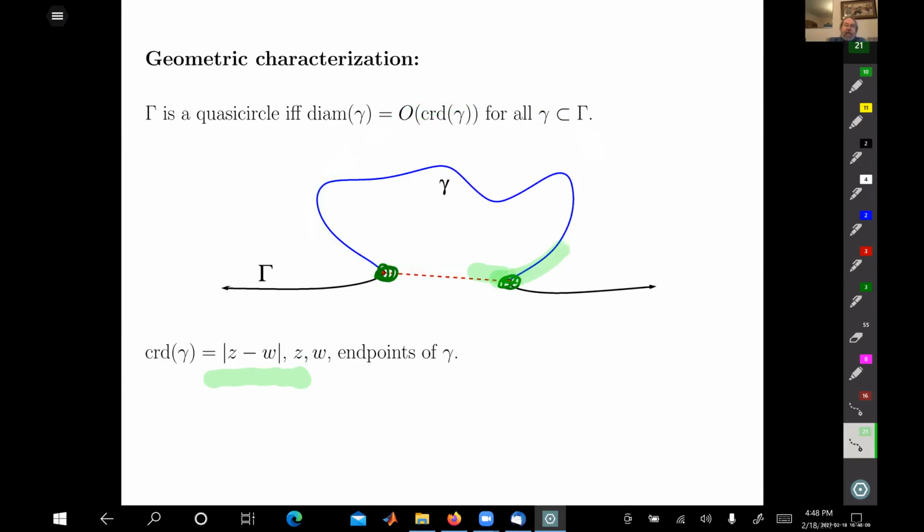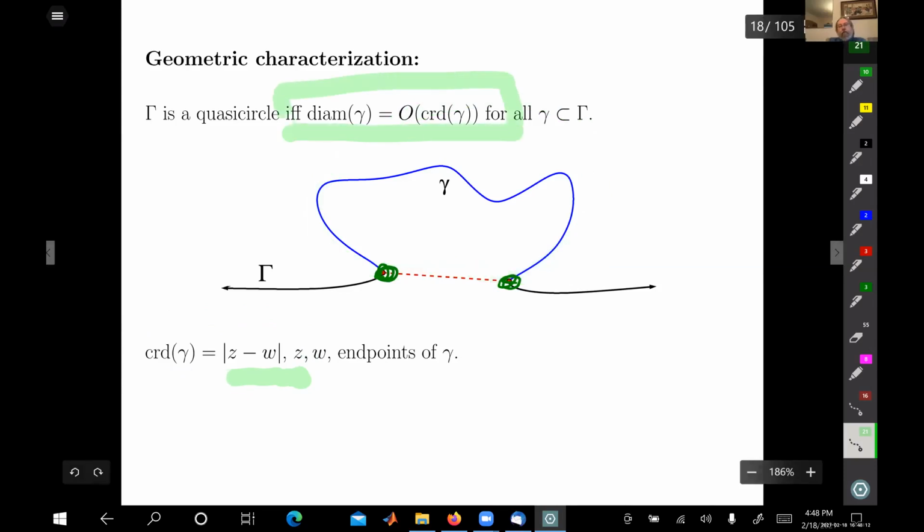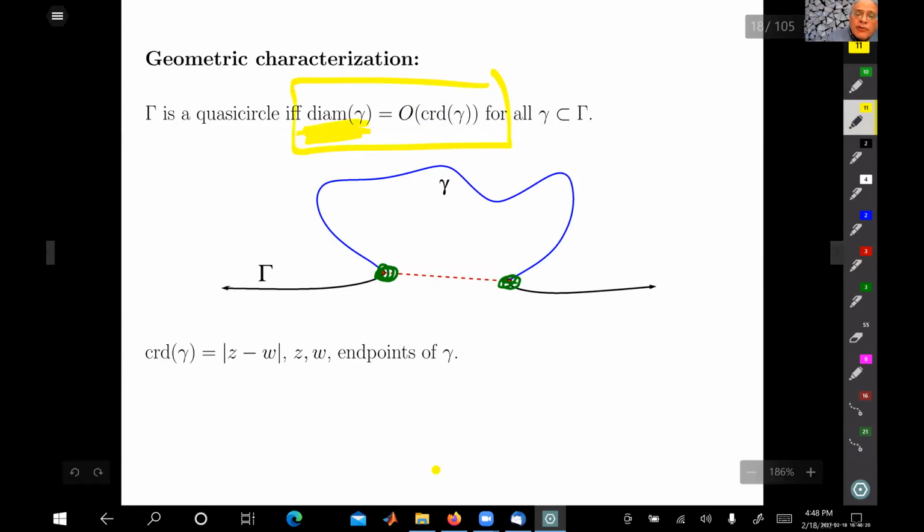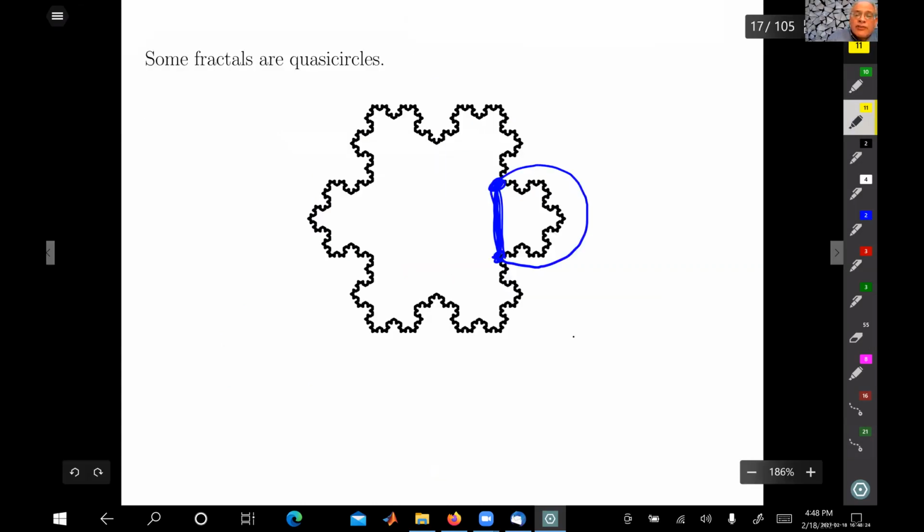Now the diameter is, let me maybe highlight this. So we're taking the diameter here. We have to take diameter because the other natural thing would be arc length. But on a fractal like the von Koch snowflake, the arc length would be infinite, whereas the diameter makes sense. If you have a rectifiable curve, then it would make sense to ask, is the arc length comparable to the chord length?